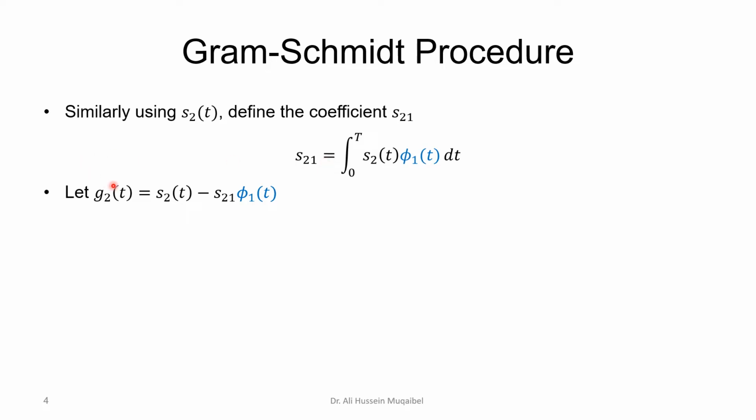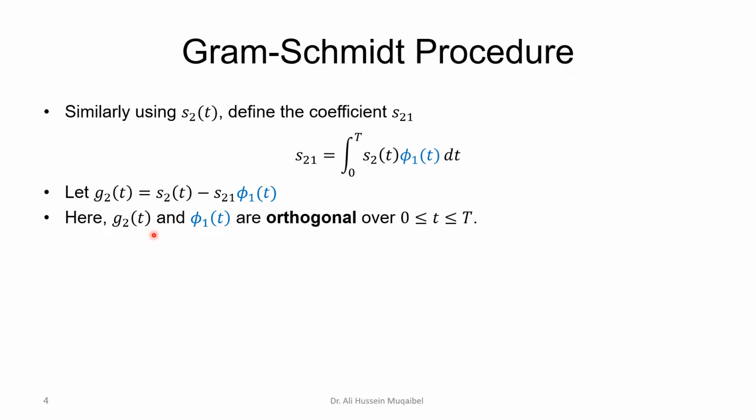So we define an intermediate function, G2, which equals the second waveform minus how much is already presented in phi1. So we'll get S21 times phi1. If we get 0 out of this, it means there is nothing new in S2. Everything can be represented with phi1. Otherwise, we'll get some residual. That residual is known as G2.